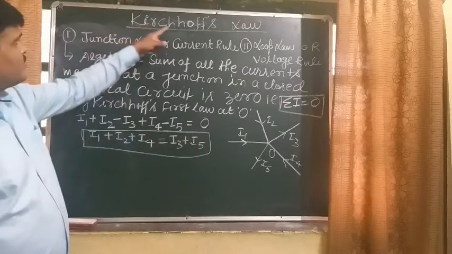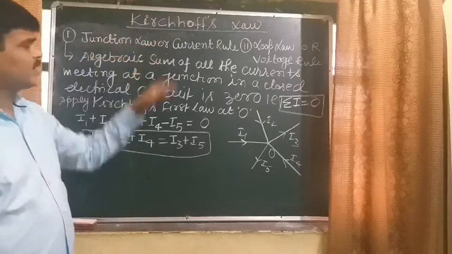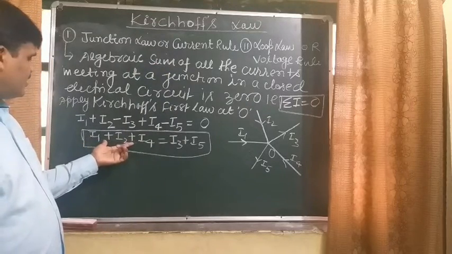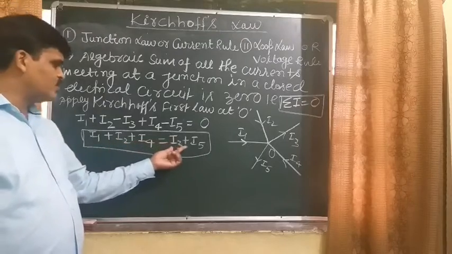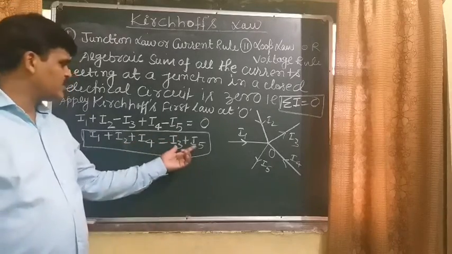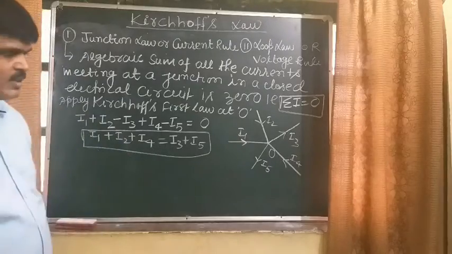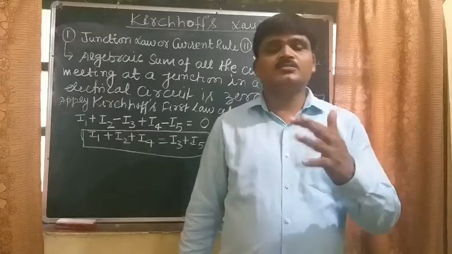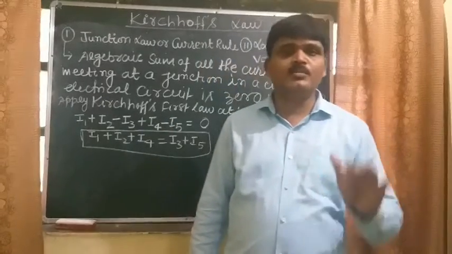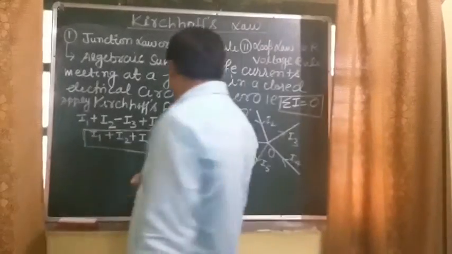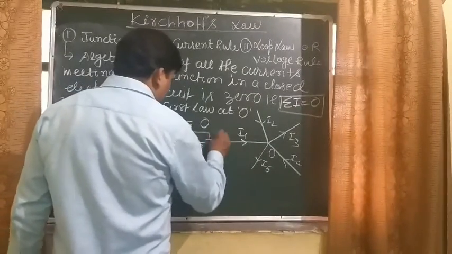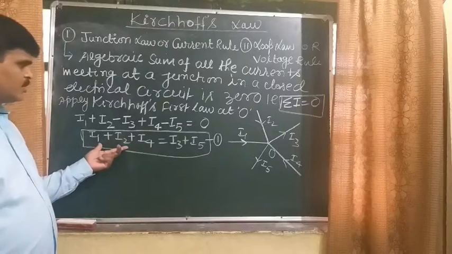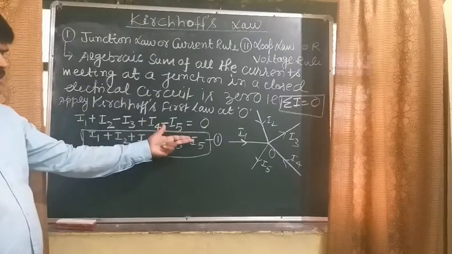So Kirchhoff's first law, junction law, can also be stated as: the total sum of the currents entering the junction must be equal to the total sum of the currents leaving the junction. And already we have explained that Kirchhoff's first law is based on the law of conservation of charge. So we write this as equation 1, and for a small interval of time we multiply both sides of equation 1 by t.